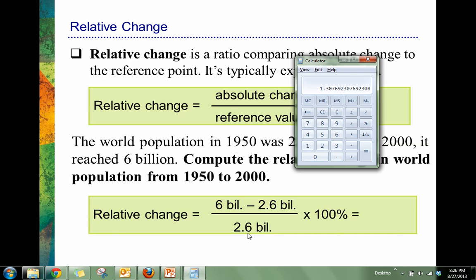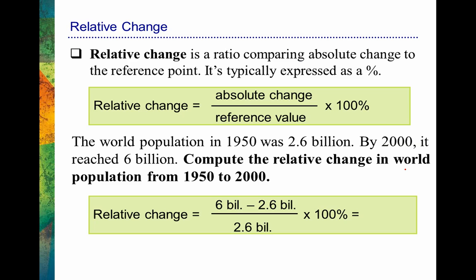1.307. So it's essentially telling us that this absolute change was 1.3 times that of the original starting point in 1950. Well, it's just simply easier when we convert that to a percentage. So let's just multiply by 100. Right here, I'm now going to hit my multiply key and multiply by 100. And that equals 130.77%.